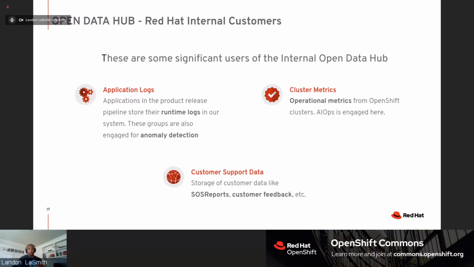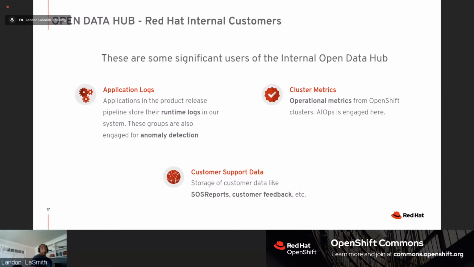So this is some examples of where OpenDataHub is being used. Originally, OpenDataHub was an internal project that started with a basic ELK stack, if I remember correctly, and we worked with internal customers so that they could work with their data in an easy fashion.